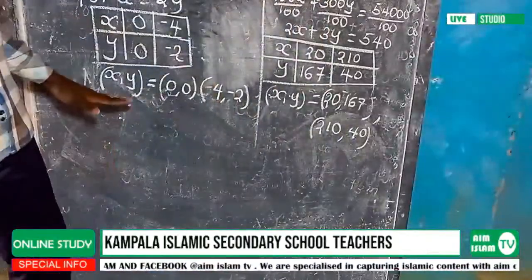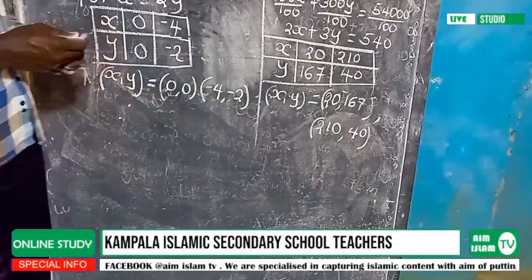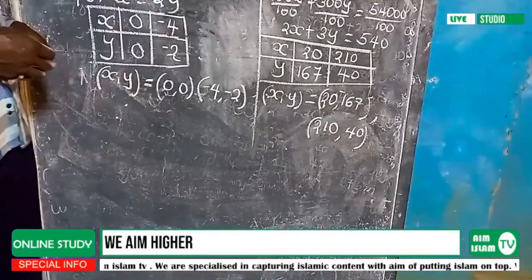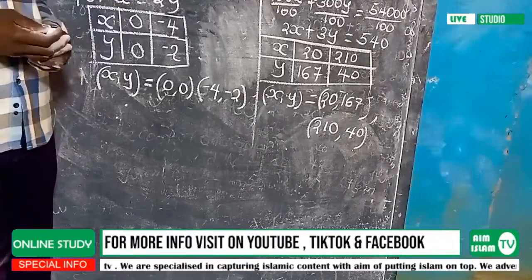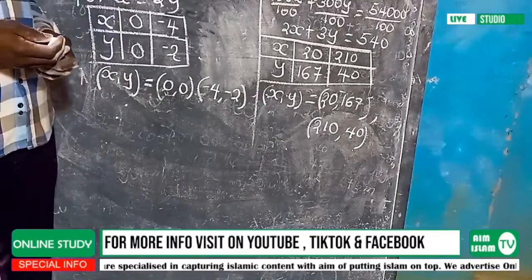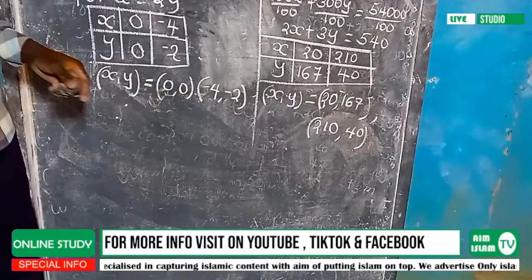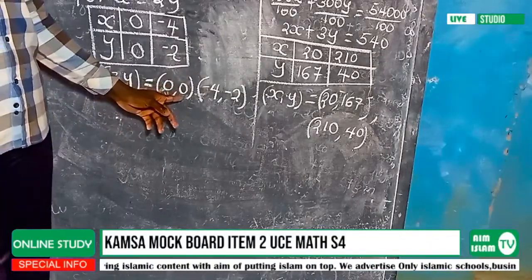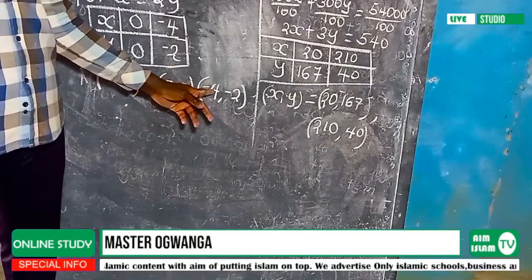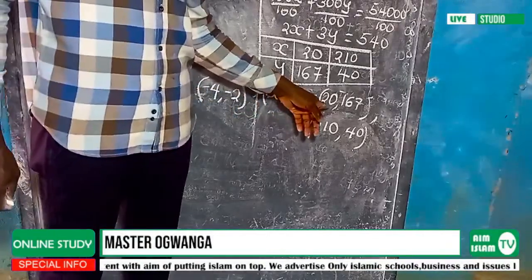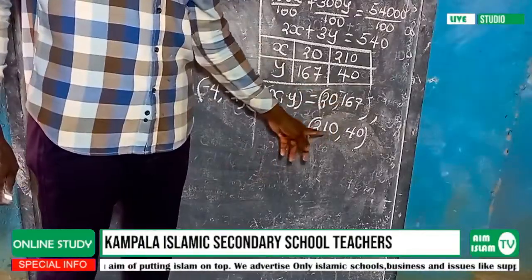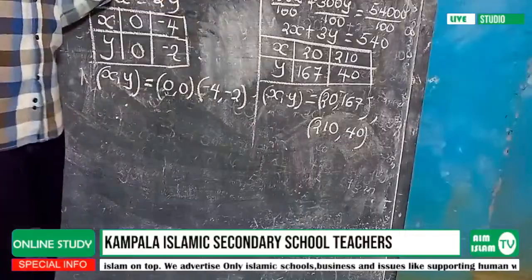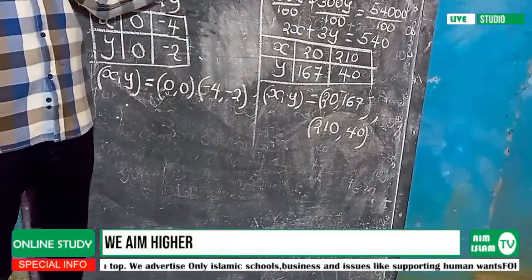So these are the coordinates we are supposed to go and plot on our graph. For the second line we are having 20, 167, and 210, 40. Then the third line we are having 20, 0.